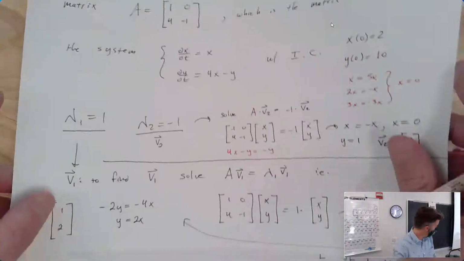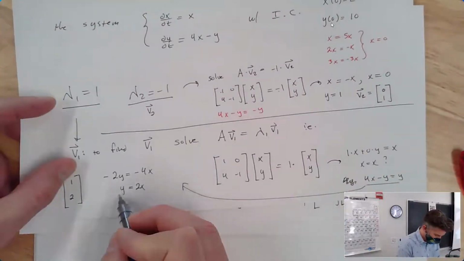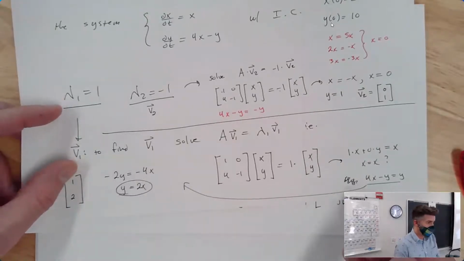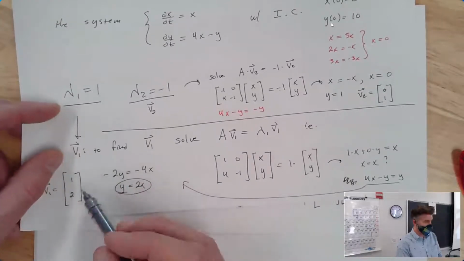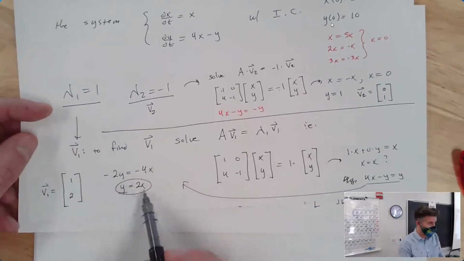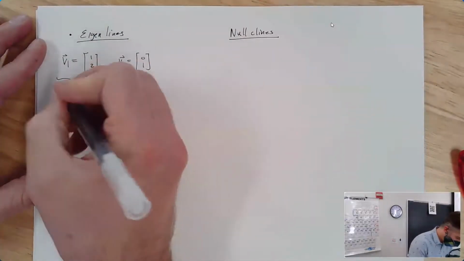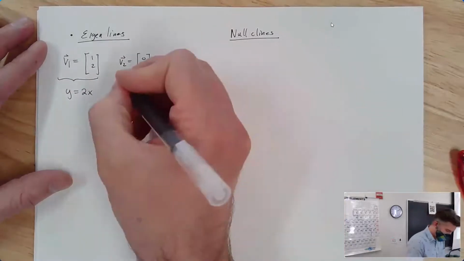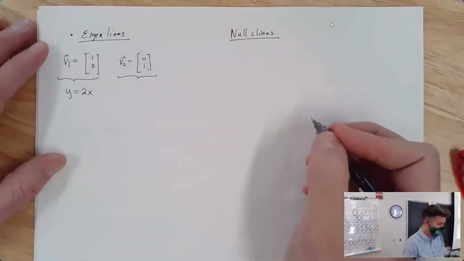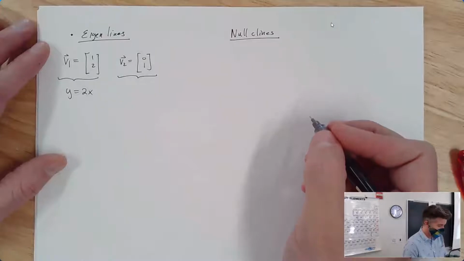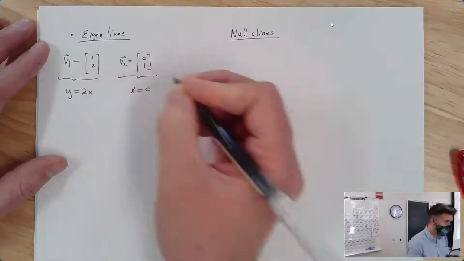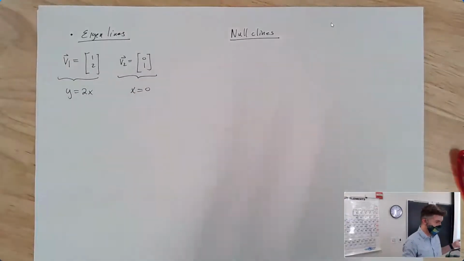We got the vector by this. That is your eigenline. y equals 2x is the line that includes that vector, right? Because that vector 1, 2 is definitely on that line. So the eigenline is the line y equal to 2x. And here, the eigenline is the line x equal to 0, which again is the equation we used to get the eigenvector.